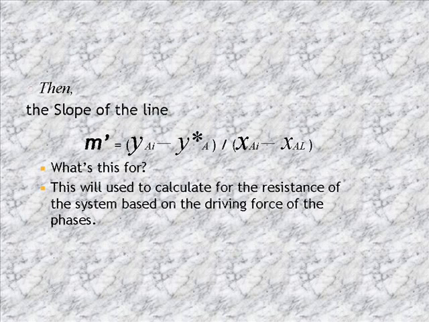Substituting that equation with the previous equation on the slide, we can have the slope of the line equal to YAI minus Y asterisk A over XAI minus XAL. And what's this for? This will be used to calculate for the resistance of the system based on the driving force of the phases.